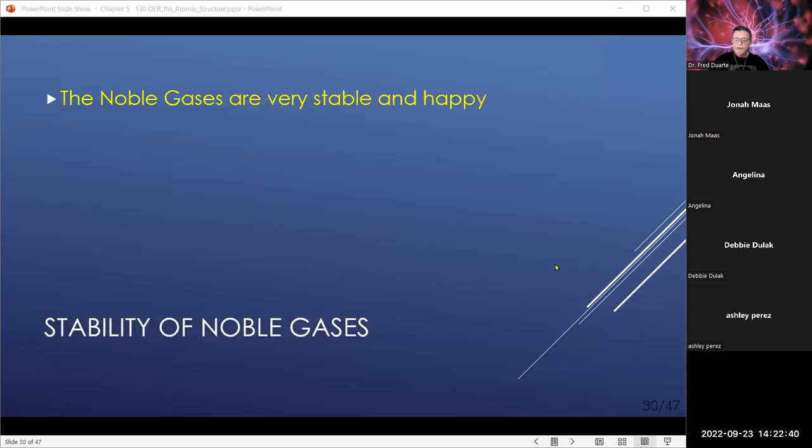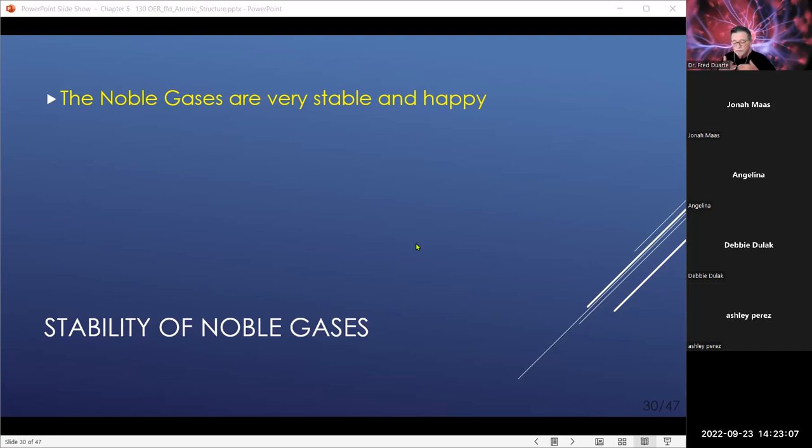And as I stated earlier, your book uses the term happy. How happy they are, I couldn't tell you, but they're happy in the sense that their outermost shell has the magical eight electrons around it. So they're very stable, noble gases, that is, and very unreactive because they have 8 valence electrons already around them.